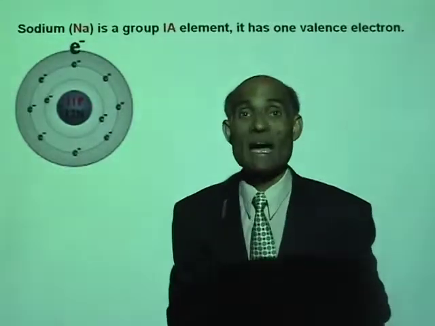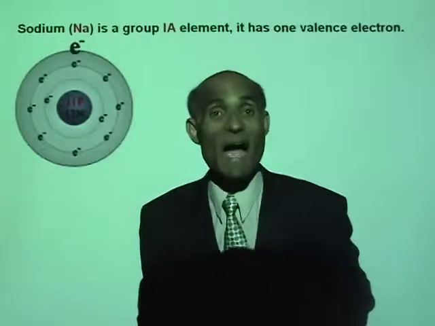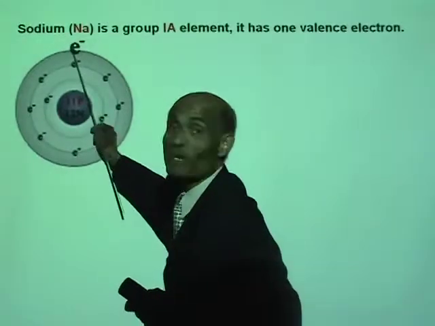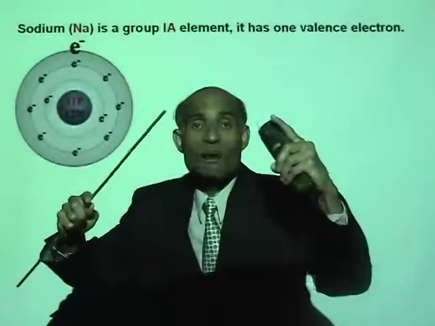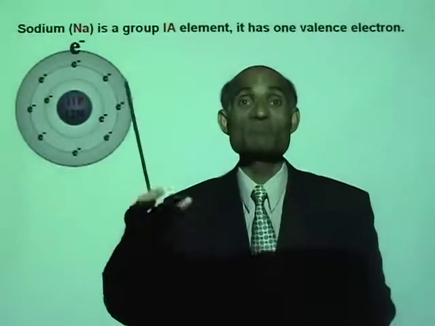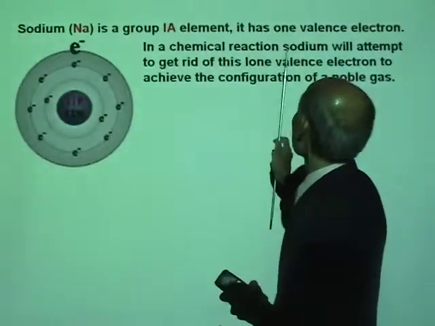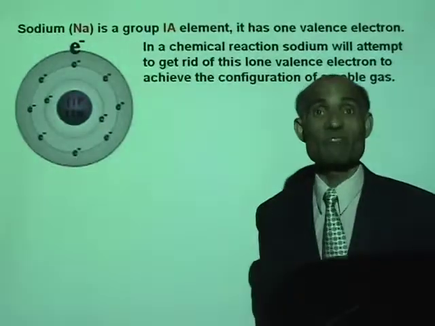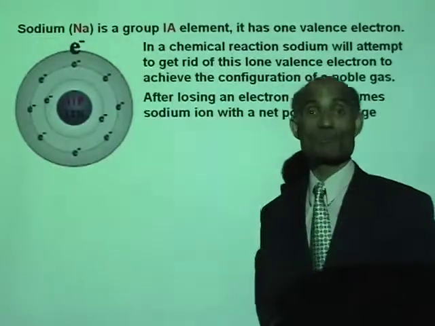So sodium has 1 valence electron, and it will be very happy to get rid of it. If it can get rid of that lone electron, then it will have a complete outer shell of 8 electrons. And that is what every atom is looking forward to. In a chemical reaction, sodium will attempt to get rid of this valence electron to achieve the configuration of a noble gas.